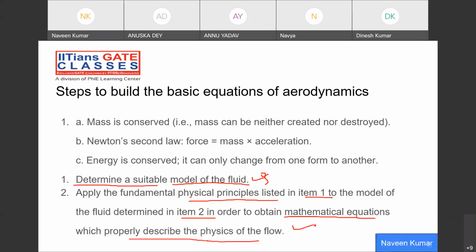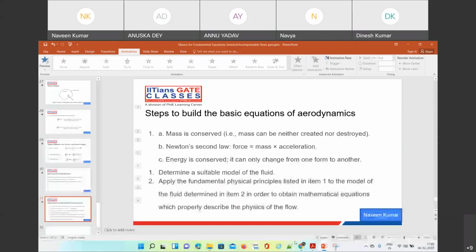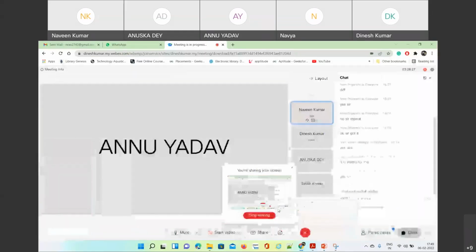It is just the basics. If you understand your fundamentals very clearly, you can crack GATE. GATE is not a huge thing, you know. Anything else? Anybody else wants to share anything or any doubt?